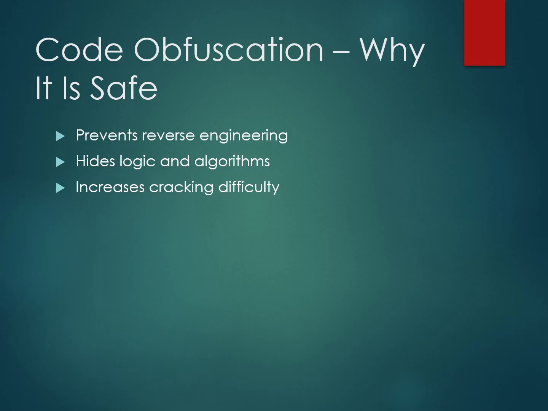Software that uses this method increases the complexity it takes to reverse engineer and pirate the software. For example, one of the biggest examples of this is that Java applications will use a tool called ProGuard.